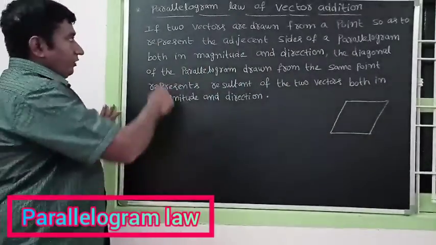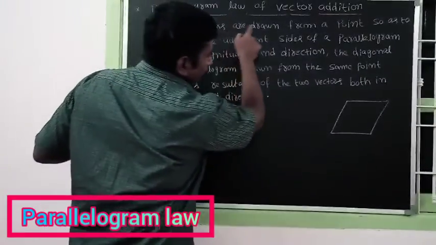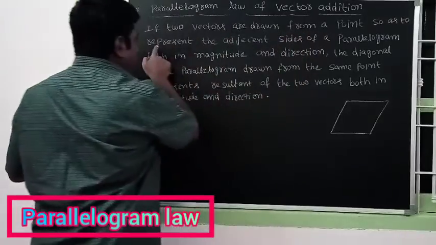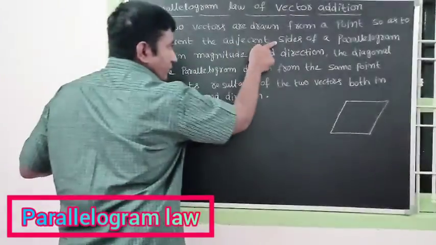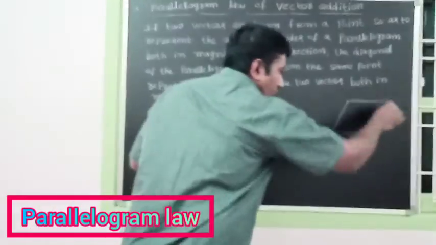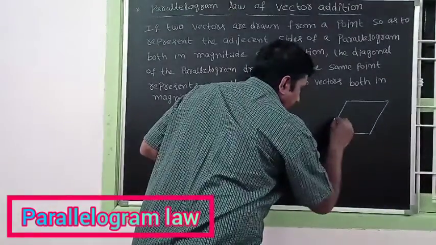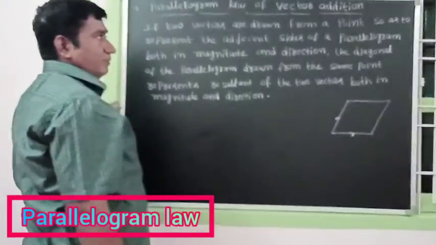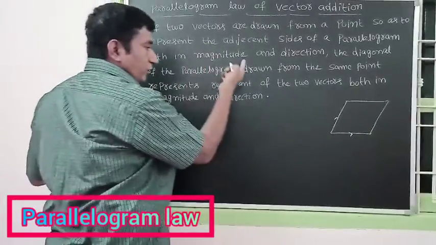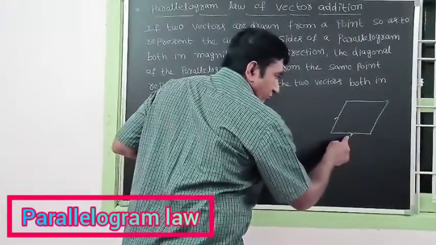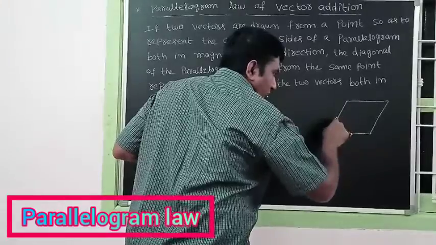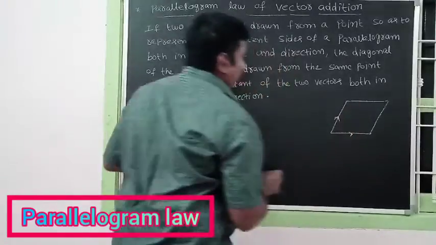What they are telling is, if two vectors are drawn from a point so as to represent the adjacent sides of a parallelogram, and if this is the total parallelogram, these act as adjacent sides, both in magnitude and direction.